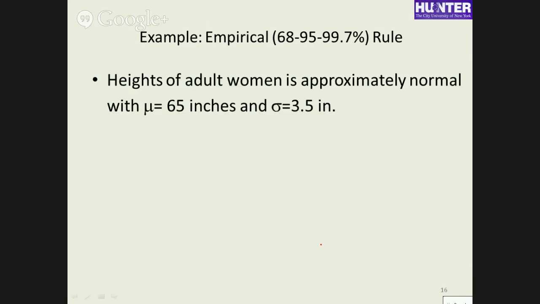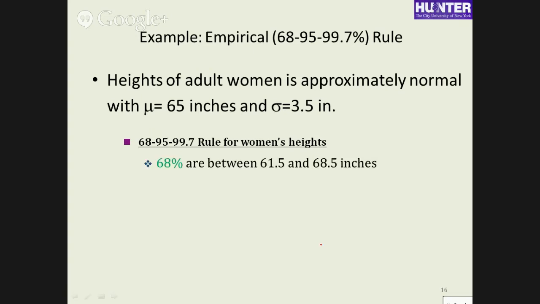So in the example of heights of adult men and women, for women it was 65 inches and a standard deviation of 3.5 inches. We apply this so-called 68, 95, 99.7 rule at the 1, 2, and 3 standard deviations.